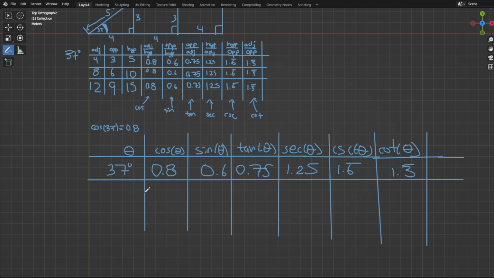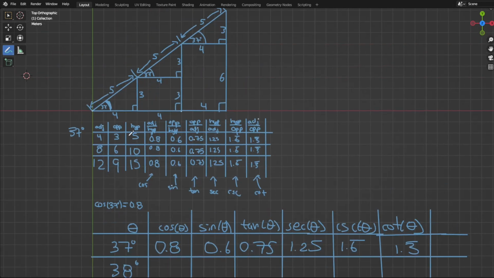And then what people would do is, okay, let's do this for another angle of 38 degrees. And then they go, all right, let's create another line. So then they would create a right angle triangle, and then they would use a protractor and measure out a 38-degree one.